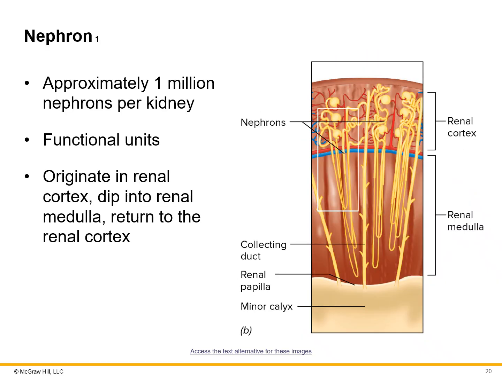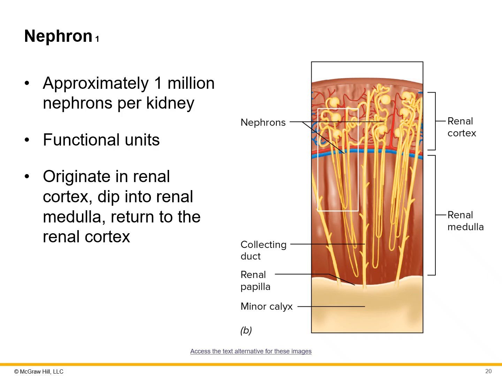Okay, so the nephron is the functional unit of the kidneys. Okay. Also the pathway of urine. So there's a sequence, right? So the pathway of urine is your nephrons. That's first. Then it's the collecting ducts.